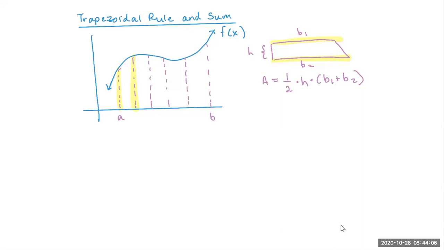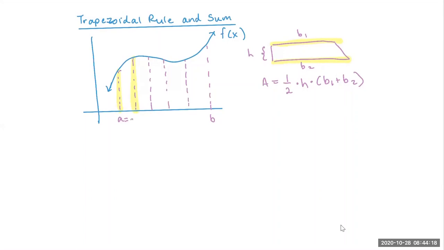Because we partitioned the interval into subintervals, we're going to define each one of the x values in more general terms. Let's say that the first x value, a, is called c sub 1. The subscript just says that's the first x value.